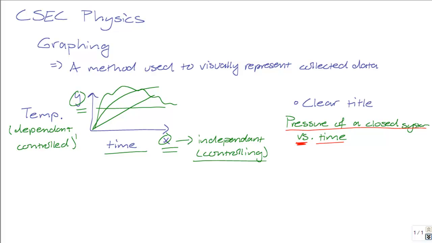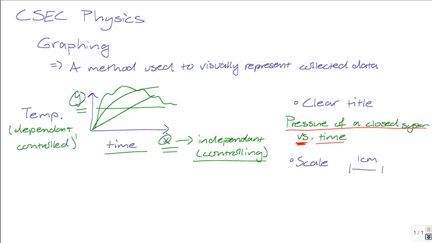The next essential that you're expected to have is a scale. The scale of your graph just tells the reader what the value of each division on the graph paper is in terms of the units that you're using. Each division is usually a centimeter long or 2 centimeters long.